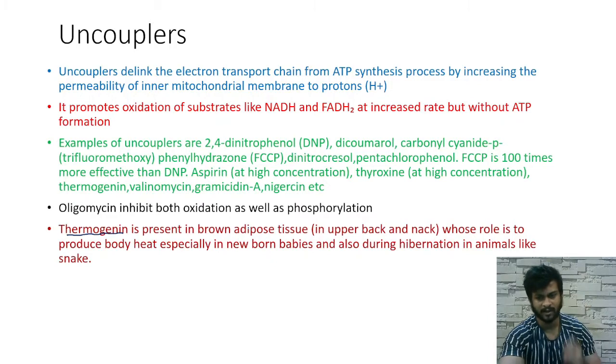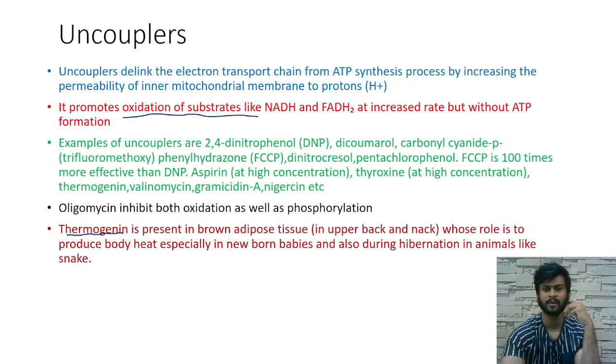It will result in increased oxidation of substrate. If there is increased oxidation of substrate, obviously heat will be released, because in the last lecture we discussed that one molecule of glucose when oxidized will produce a huge amount of heat in a calorimeter.